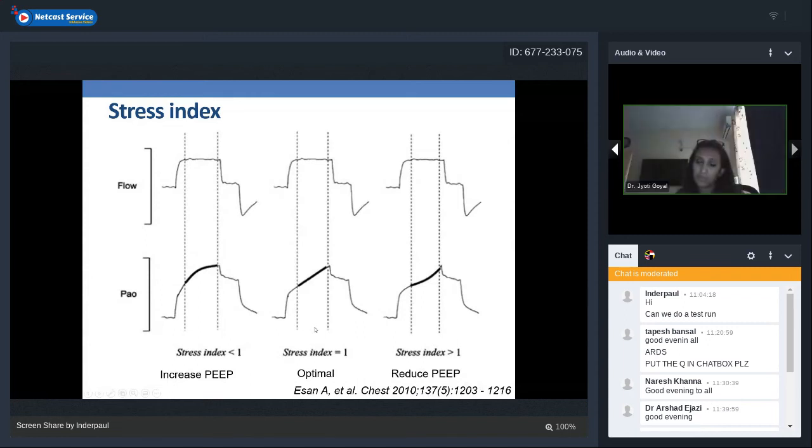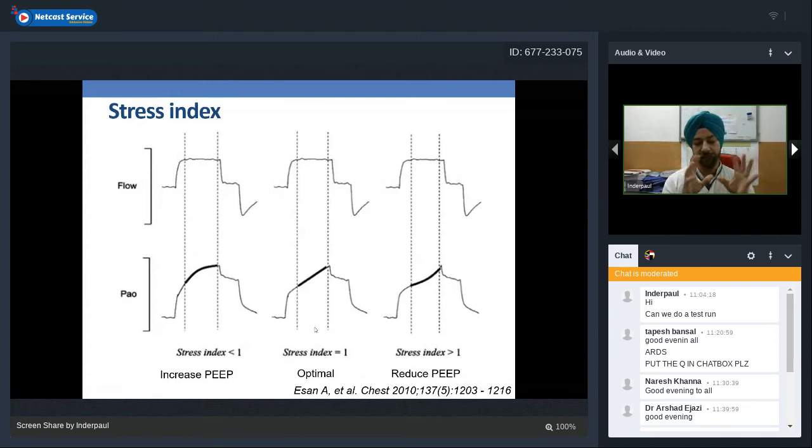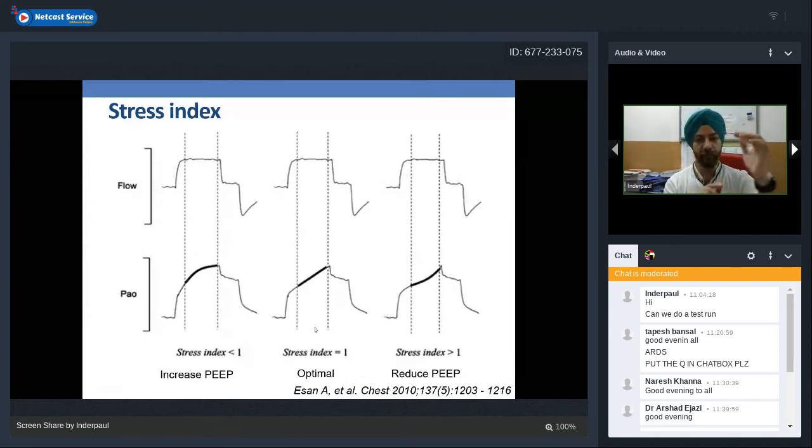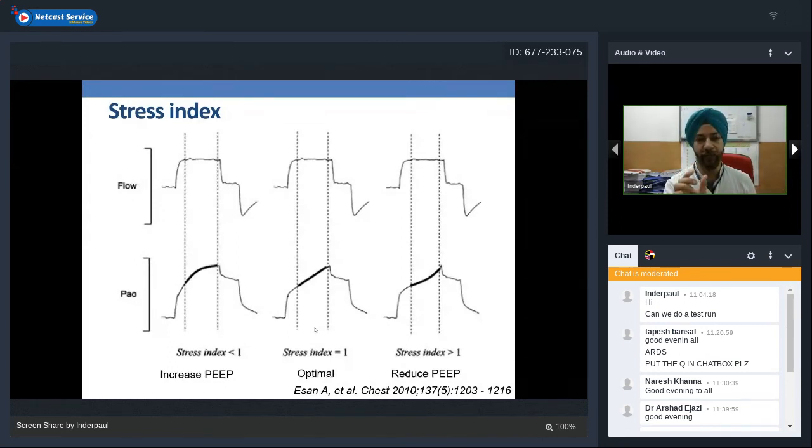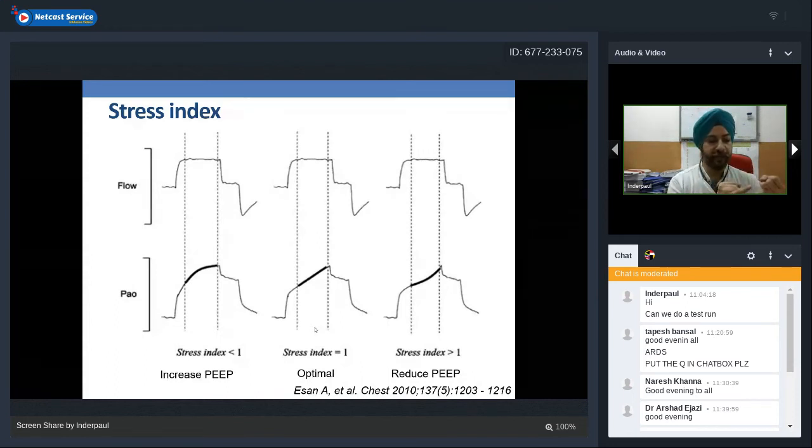This is another method. What another method we do is we ventilate the patient on the same tidal volume. The patient is completely paralyzed, and we gradually start to increase the PEEP. I increase the PEEP by 1 and I see what happens to the lung compliance and what happens to the plateau pressure.